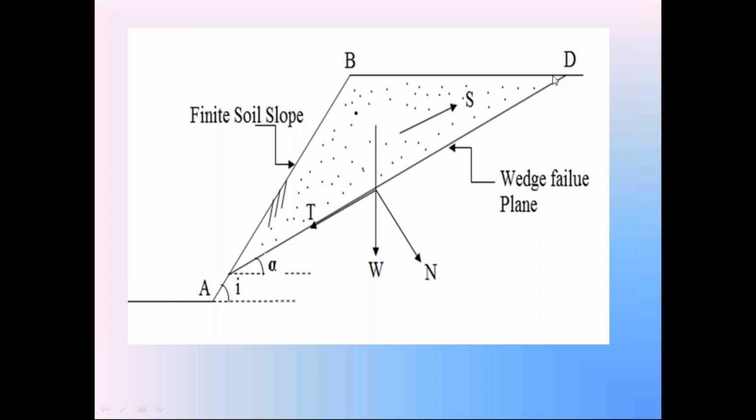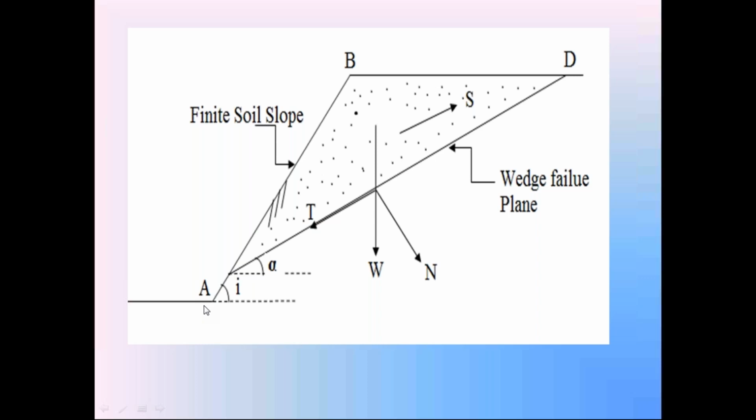In this discussion, I am going to explain to you where is the location of this failure surface in this structure, so that in future this finite soil slope may be subjected to failure. In order to locate this failure surface, first prepare the plan of the structure on the graph sheet, including this finite soil slope.